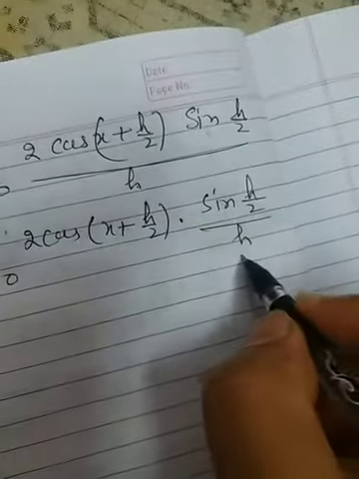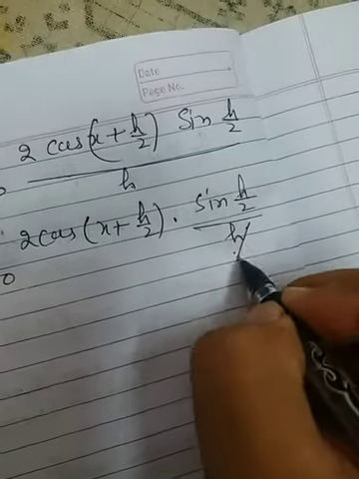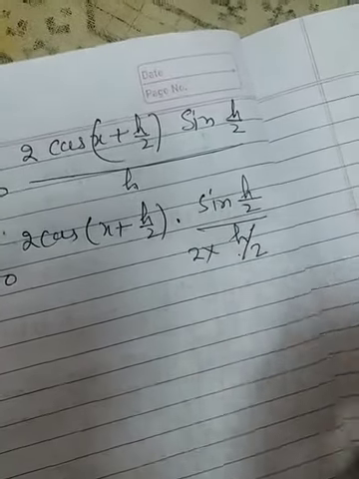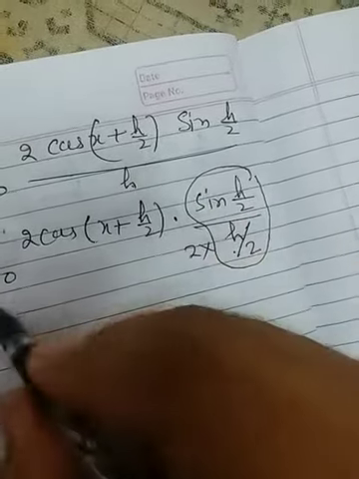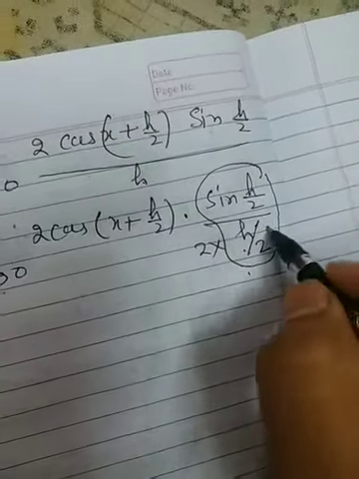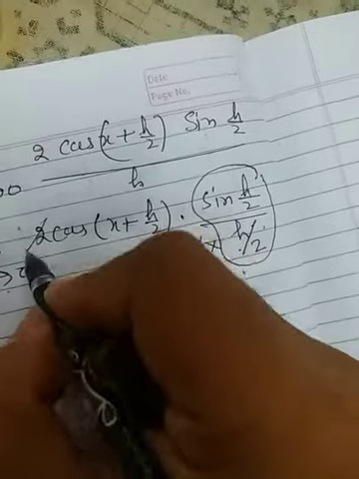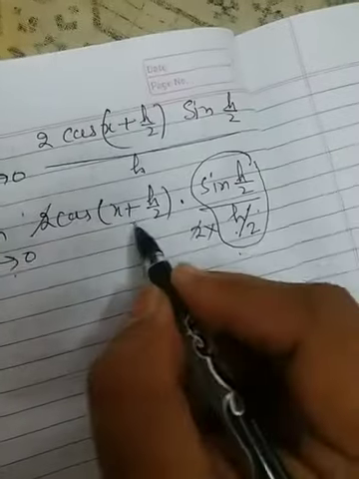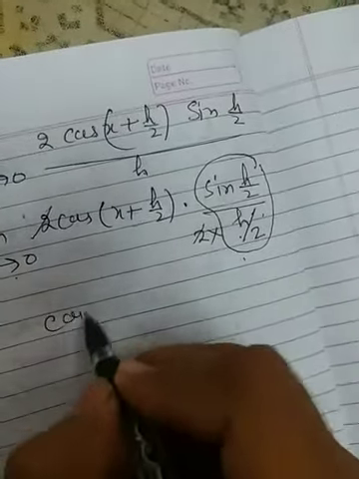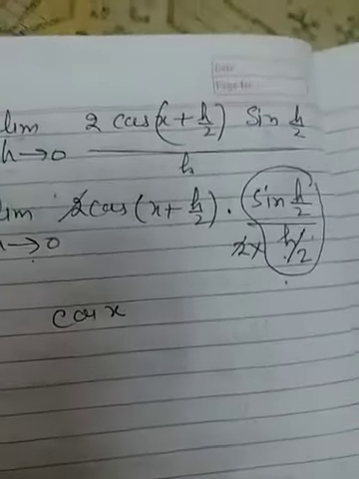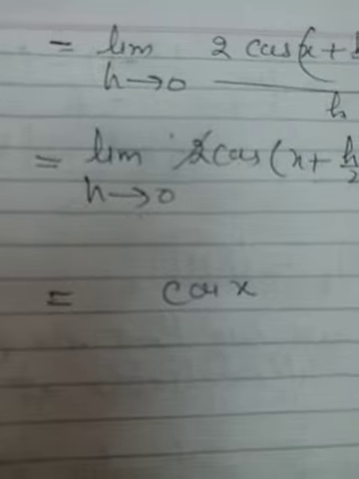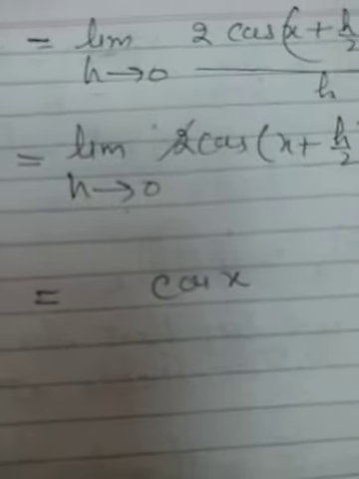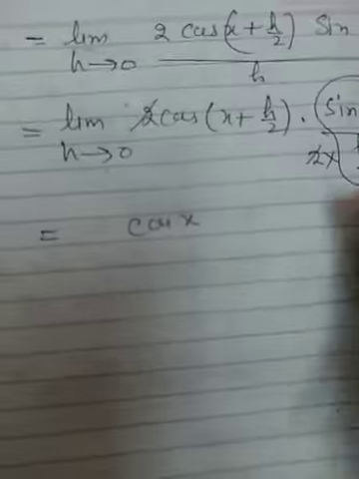This h we have shifted over here. Let us divide it by 2 and multiply it by 2. Now what about this limit? Whenever h is tending towards 0, this is 1. This 2 gets cancelled with this 2, and put h equals to 0 over here, you will get cos x. So you know the differentiation of sin x with respect to x is cos x. This is how you will be using your first principle.